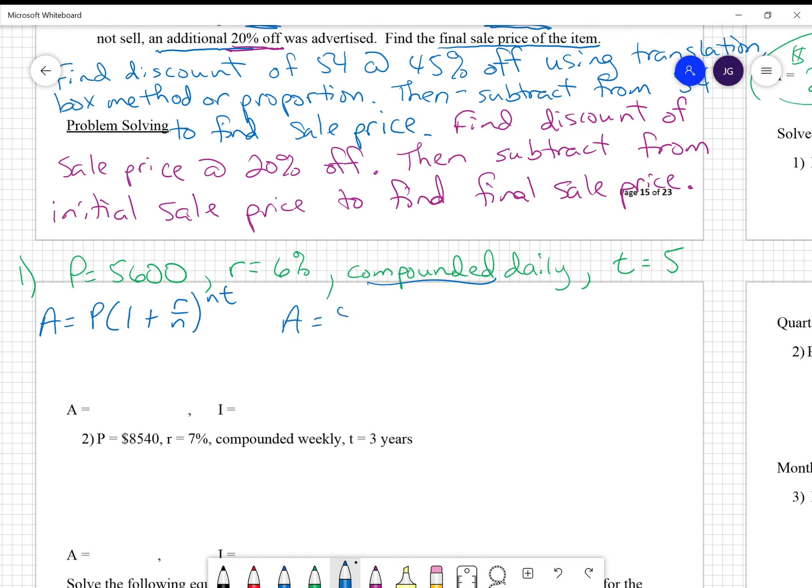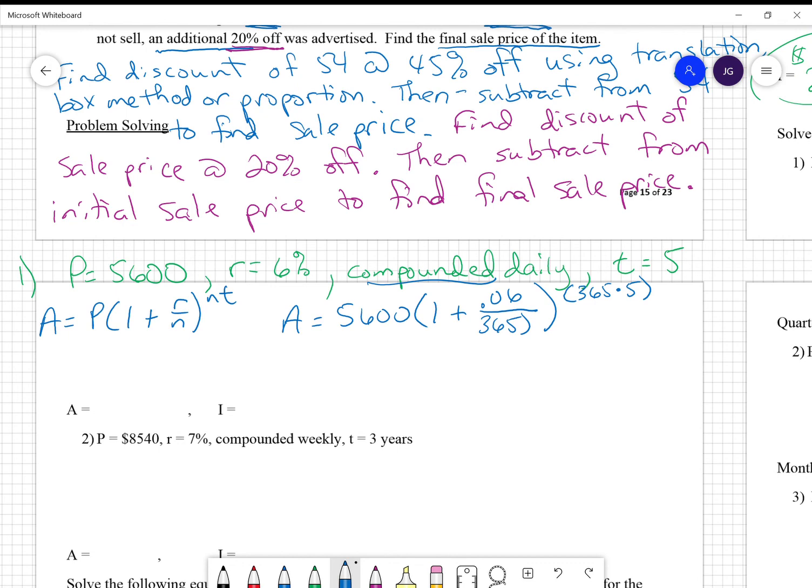A equals 5,600 times 1 plus R is 0.06 over, if it's daily, N is 365 to the power of 365 times 5. And you punch that into your calculator.